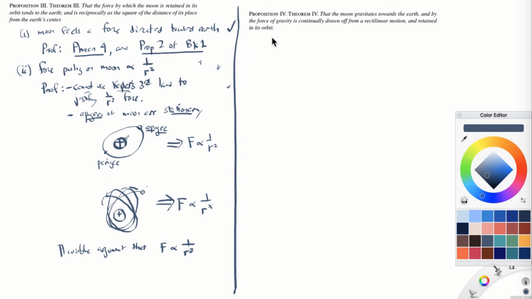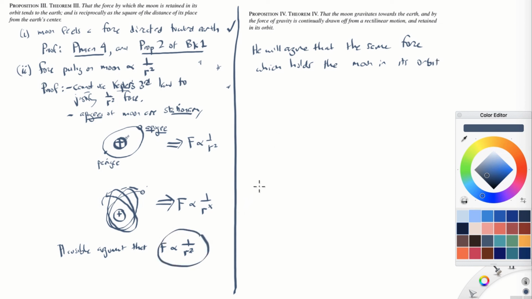And in the paragraph right after this, he will argue that the same force which holds the moon in its orbit, this 1/r² kind of force that he developed in proposition 3, also causes terrestrial objects like rocks and apples to fall. That is what he's going to argue, and I think I will stop there and go into this in my next lecture.